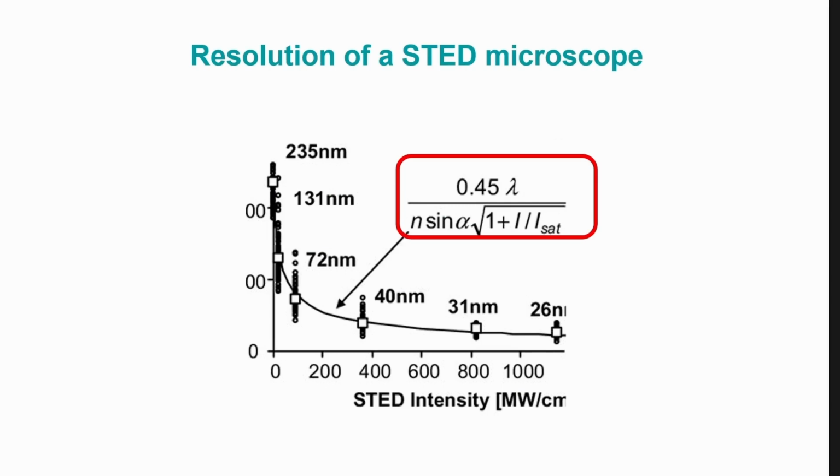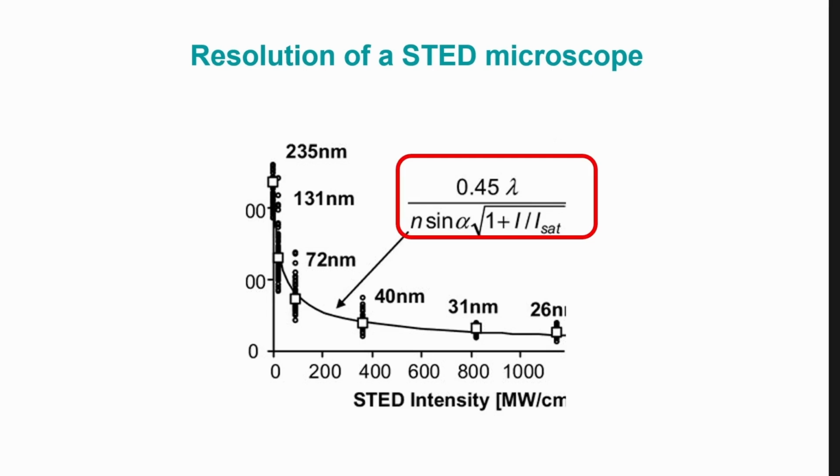The resolution of the microscope depends on the intensity of the orange laser, as I mentioned. It's on a square root function, so it's not as sensitive as you would maybe hope. So this curve is fairly flat. It also shows you that above a certain energy level, you don't gain too much resolution anymore. The main gain is in this range. Then the curve flattens out.